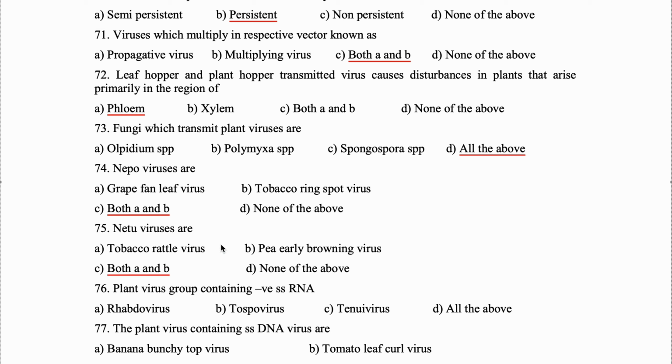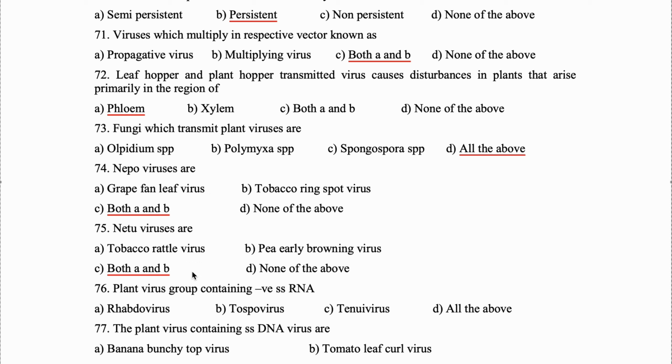They are normally transmitted by nematode species such as Trichodorus and Paratrichodorus. And for nepoviruses, the nematode species which transmit are Xiphinema index for grapevine fanleaf virus, also Longidorus and Paralongidorus.